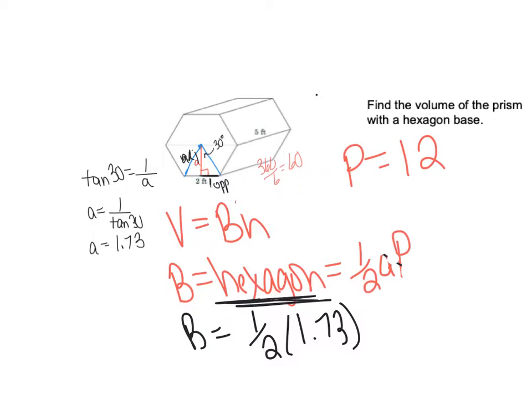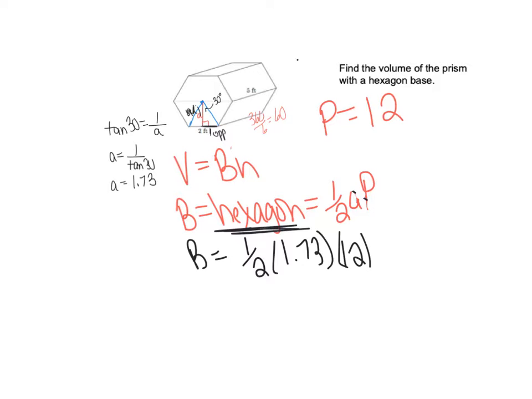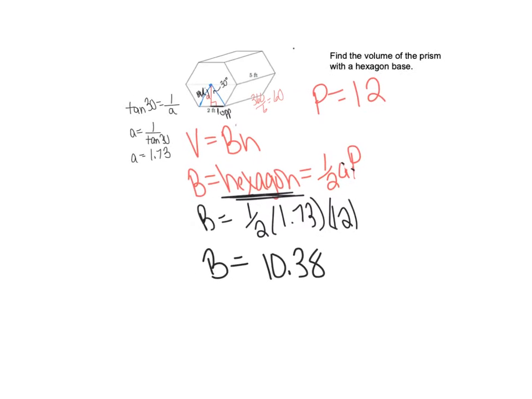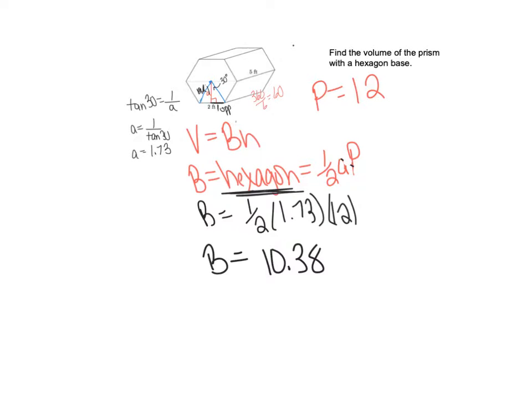Since each side length is 2 and it's a hexagon, 2 times 6 is 12. If we multiply those together, 1/2 times 1.73 times 12 is going to be 10.38. Now we have our capital B, which is the area of our base.